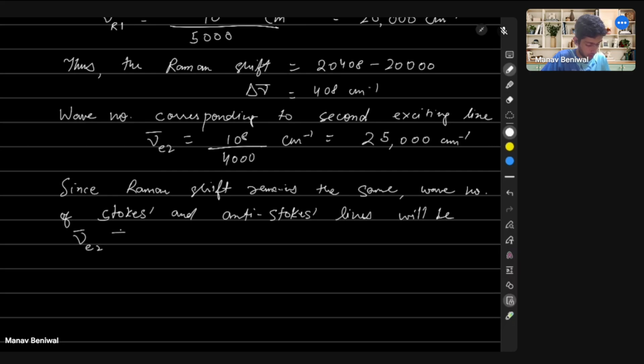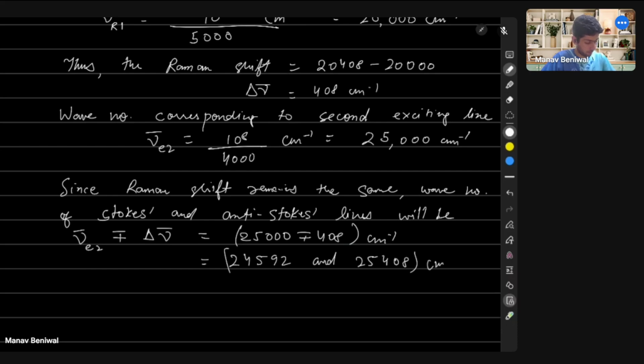Okay, because we are writing Stokes first, so this will be minus and anti-Stokes will be plus, and delta nu bar is the Raman shift. So this becomes 25000 minus plus 408 per centimeter. So on subtracting, we get 24592, and on adding, we get 25408 per centimeter. So this is Stokes and anti-Stokes.